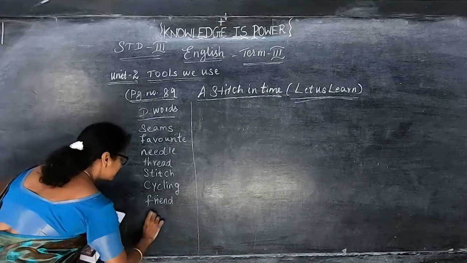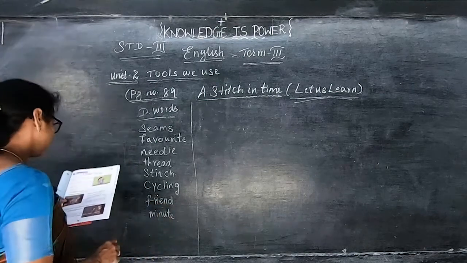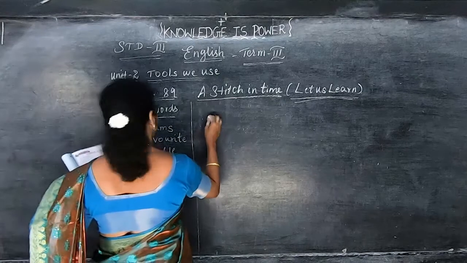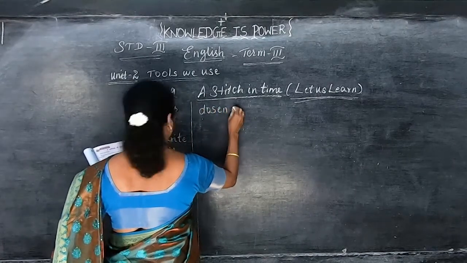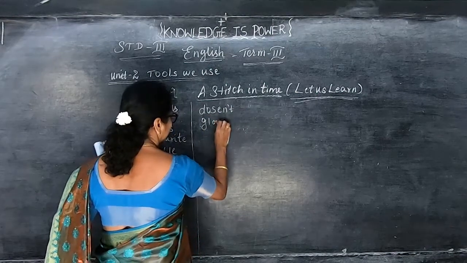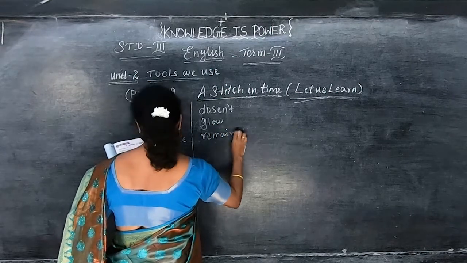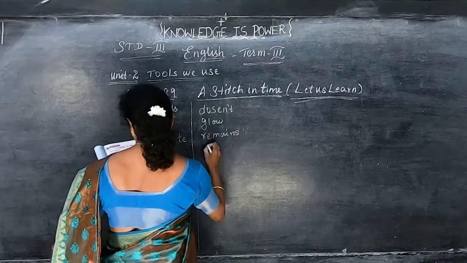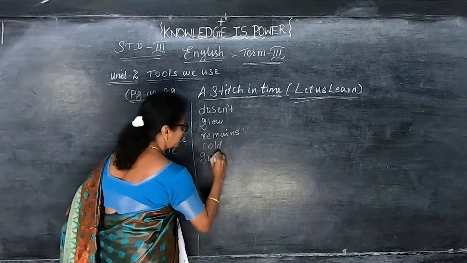Then minute. Then doesn't, D-O-E-S-N-T. Don't say does not. Doesn't. Then glow. Remains, R-E-M-A-I-N-S. Cold. Grumbles.